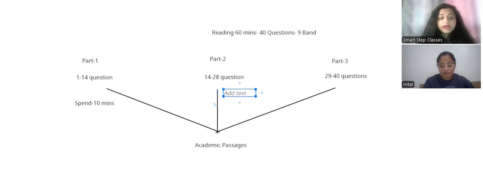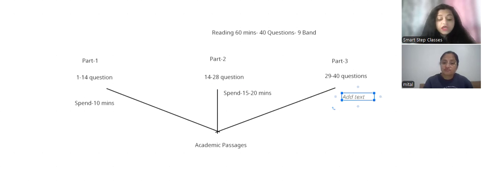You're going to spend only 15 to 20 minutes. The remaining half an hour should be dedicated to part 3 because this is going to be the most challenging one. So here your time spent should be 20 to 25 minutes.